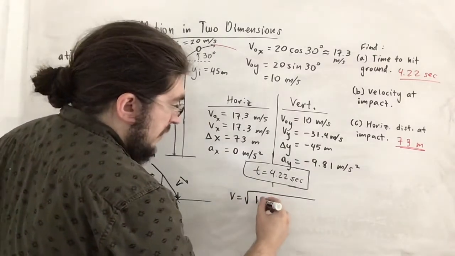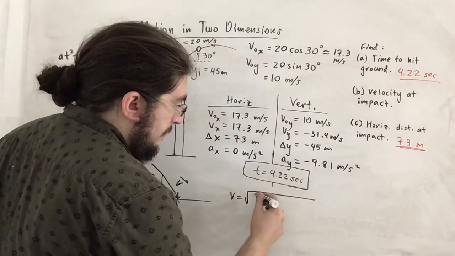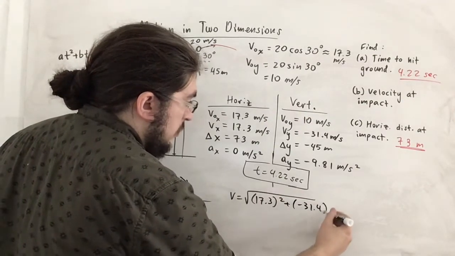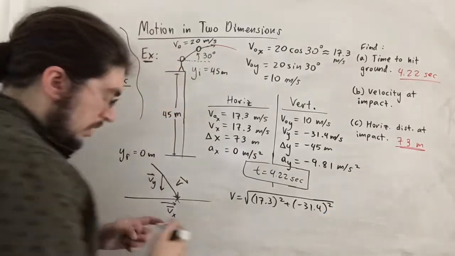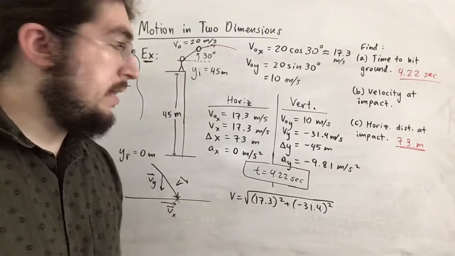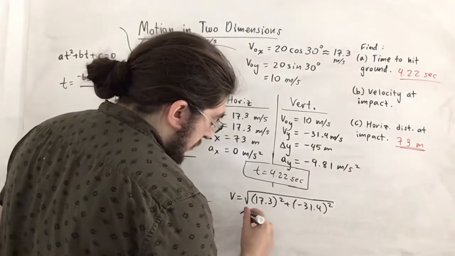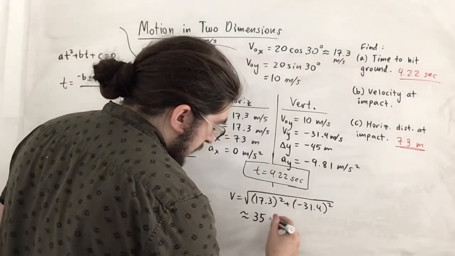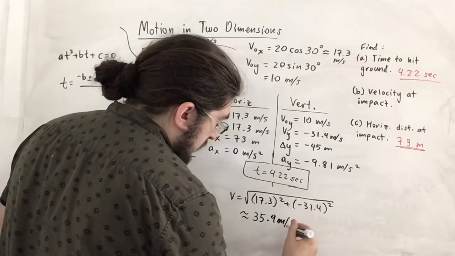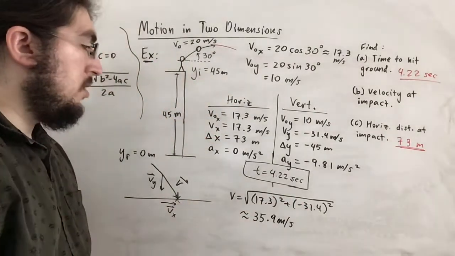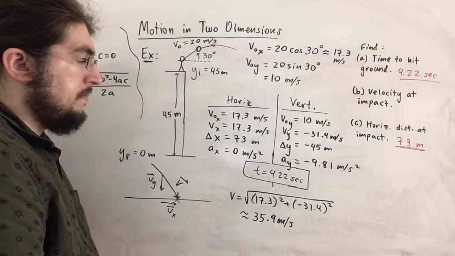So namely, we're going to square Vy and Vx, add those together, square root that result. So I'm going to get 17.3 squared plus negative 31.4 squared. Add those results together, square root that, and let's see what we get. After using this in my calculator, I got about 35.9 meters per second. I was going to say squared, but that would be acceleration. So 35.9 meters per second.